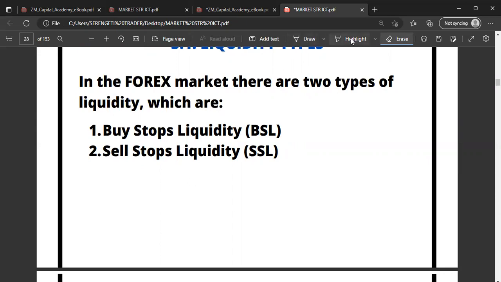Some traders use the word buy side liquidity, sell side liquidity. These are the major types of liquidities that we can actually use in the market. They are the best ones. They are the little liquidities which have been created in order for people to know.